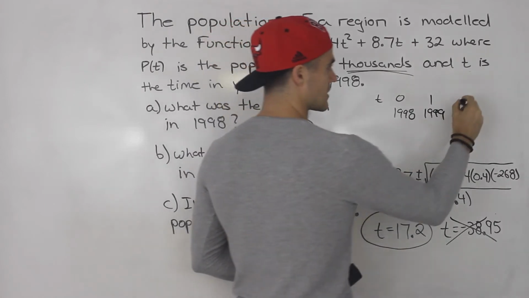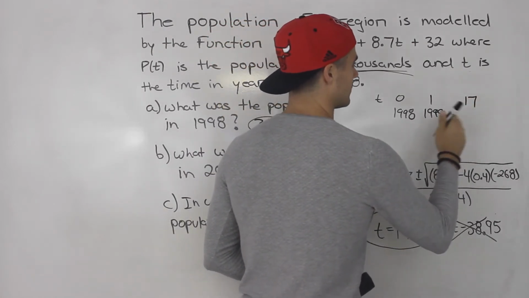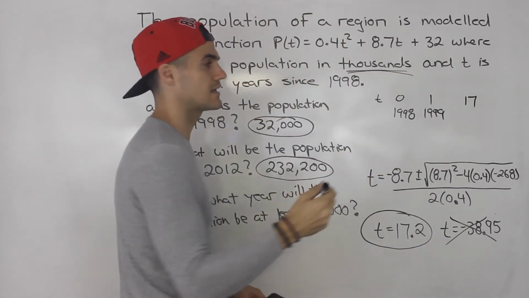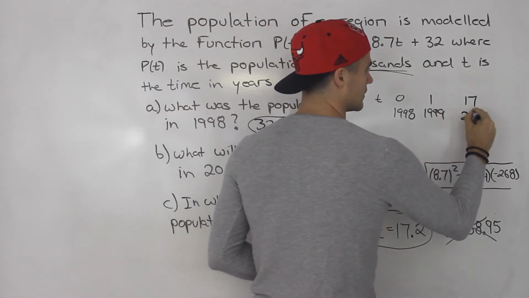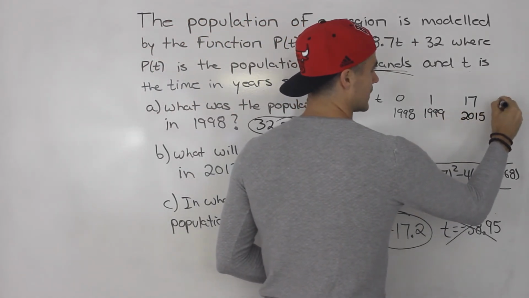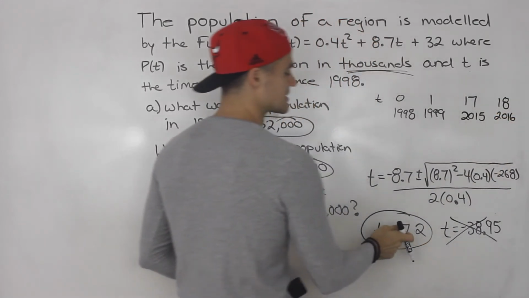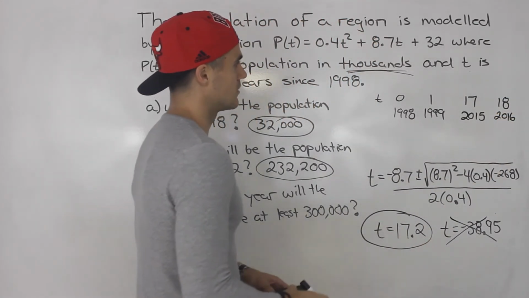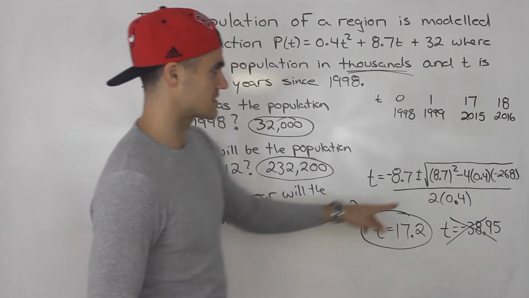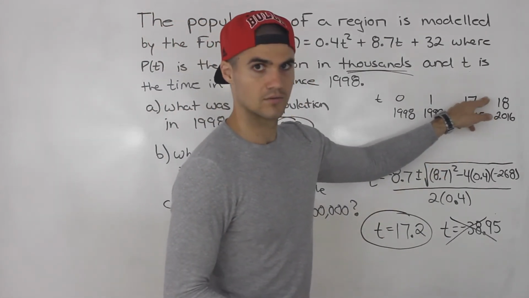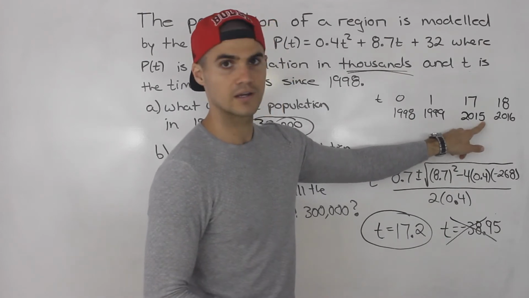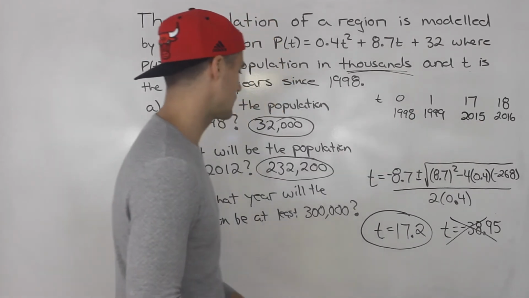Well, a t value of 17, if you follow this pattern, basically 17 years since 1998 is 2015. And then a t value of 18 would be 2016. So because this is 17.2, the population is going to reach 300,000 in between here, right? So some point in 2015.